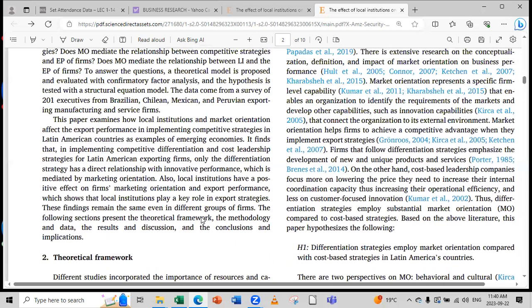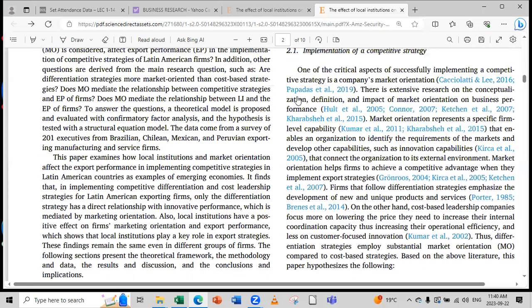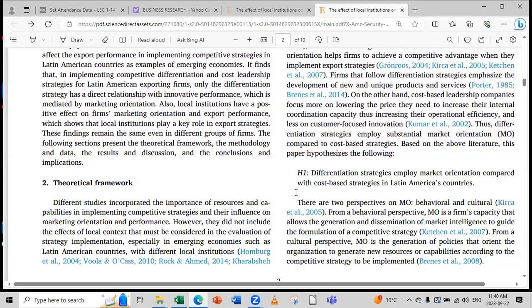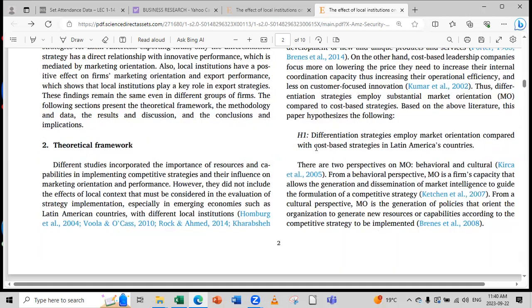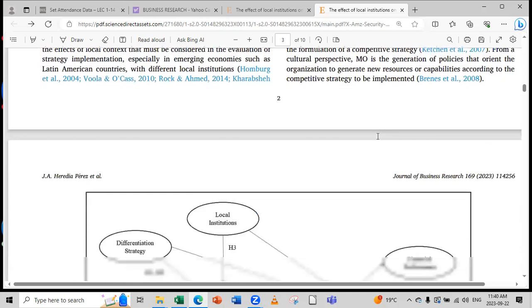Then here, implementation of competitive strategies, he divided in 2.1. He put H1, or hypothesis 1: differentiation strategies employ market orientation compared with cost-based strategies in Latin America. Then he said there are 2 perspectives, and he went on to explain them.